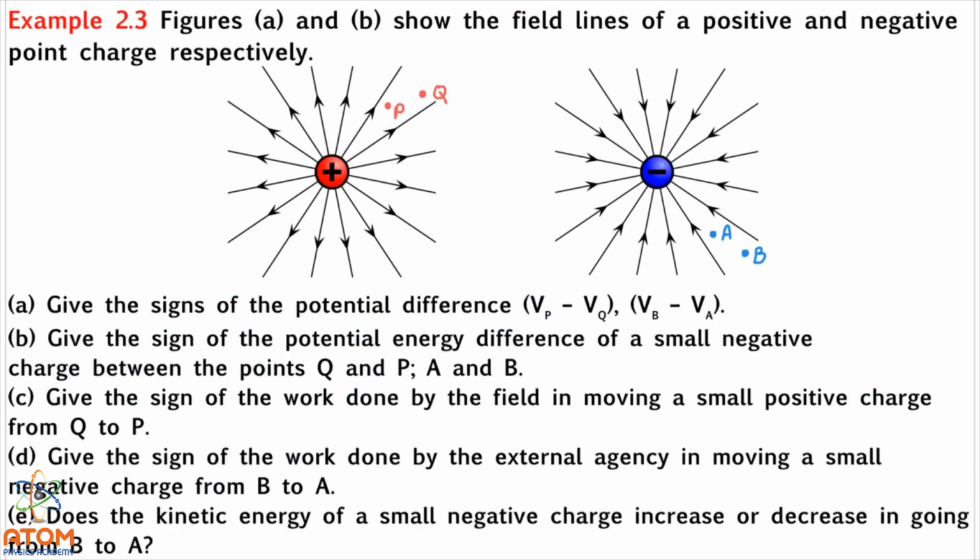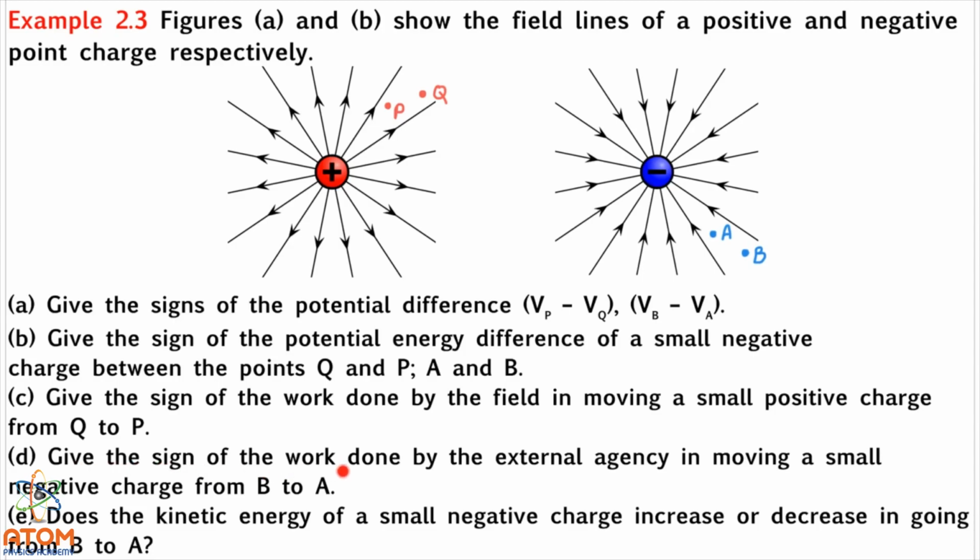Now let us see the third question. Give the sign of the work done by the field in moving a small positive charge from Q to P. The fourth is also similar, so let us see that also.